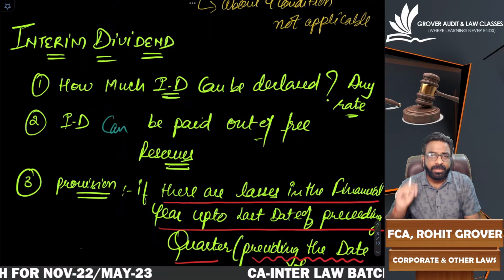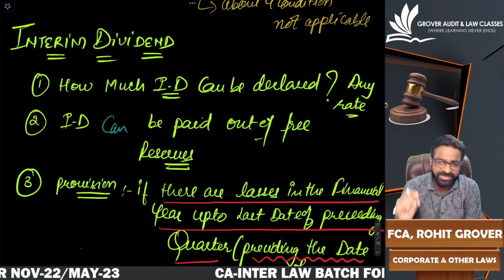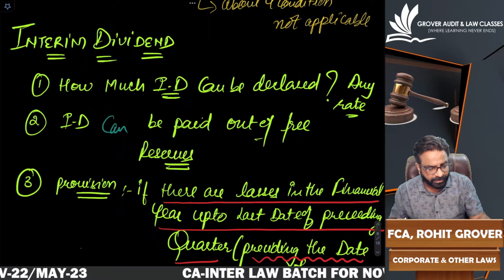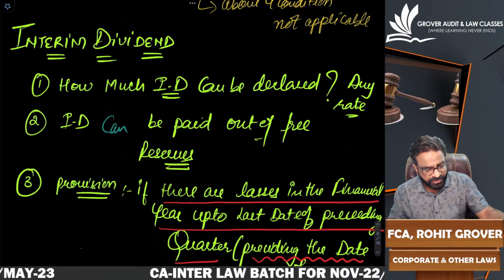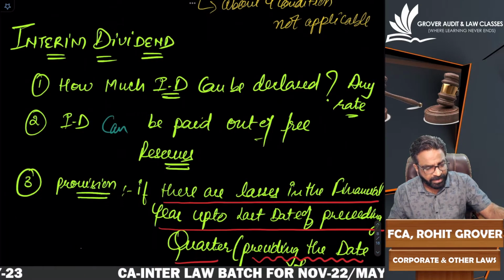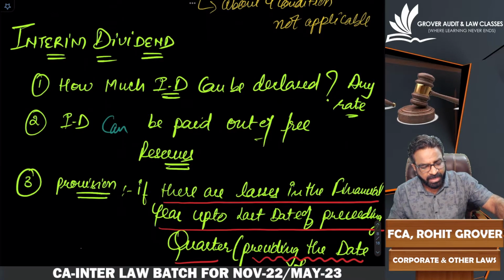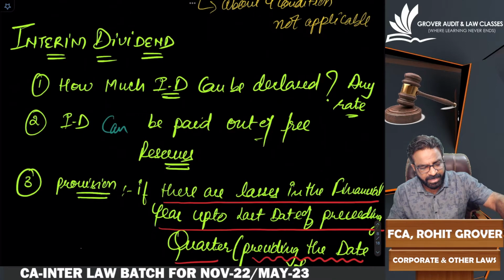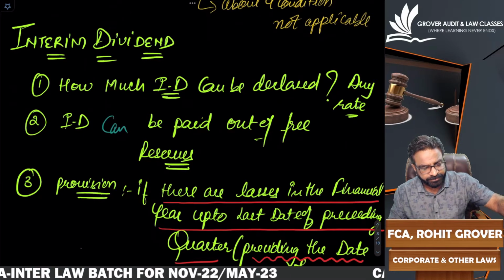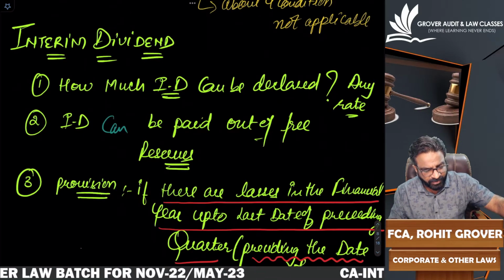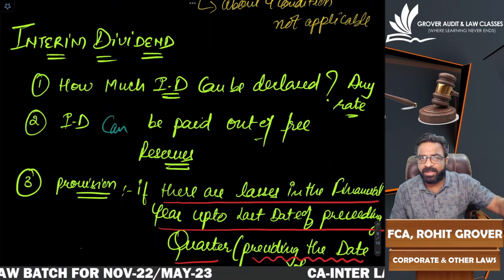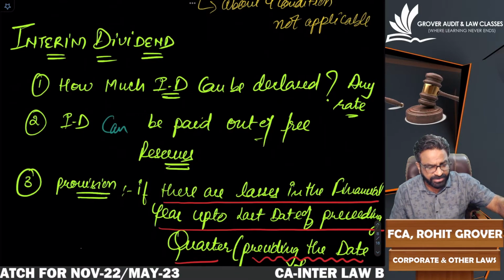Now, all the provisions we have talked about so far for the final dividend are equally and 100% applicable to interim dividend also. So in case you are paying out of reserves, the same provisions will be applicable here.